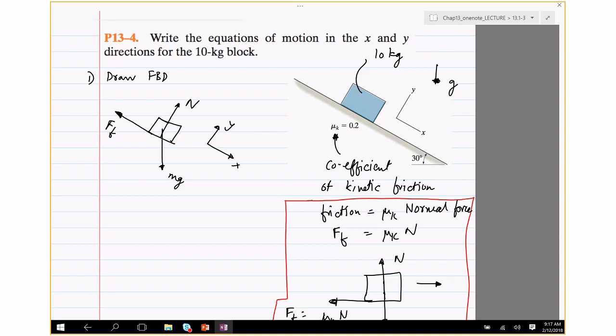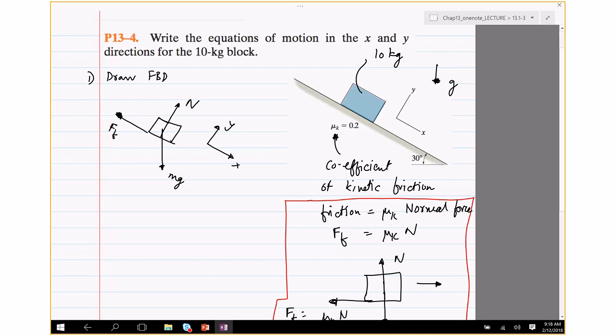The reason why you want to use x along the incline is because you notice that two forces, N and FF, are along the coordinate frame, well, one of them is normal and one of them is along the incline. So you want to choose a coordinate frame so that the majority of the forces are along that coordinate frame, so it makes it easier to write equations. Okay, but the other option is also valid, that is y upwards and x along the horizontal.